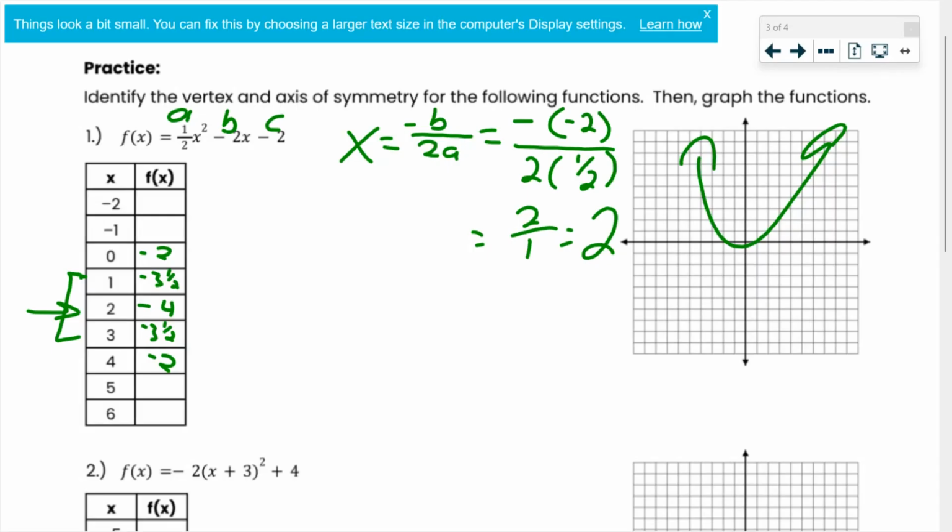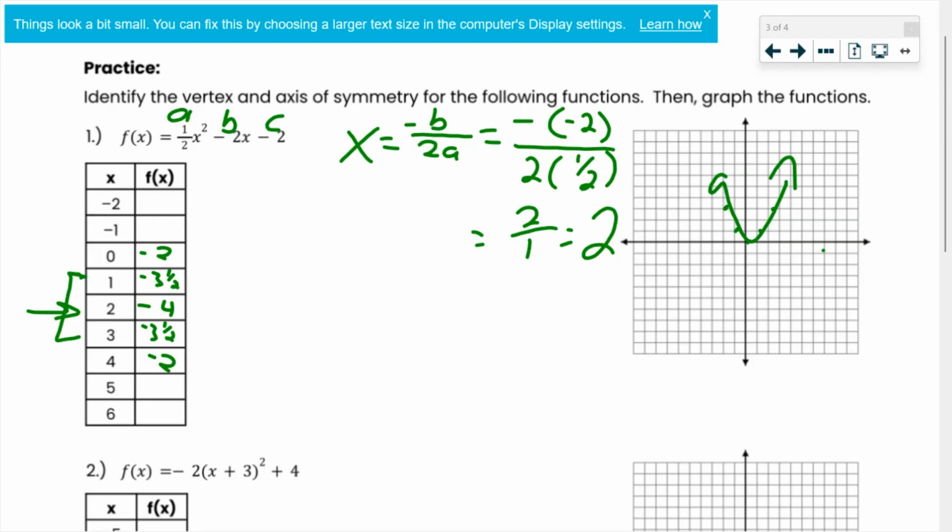No. The parent function for a quadratic equation has points at 0, 0, 1, 1, 2, 4, -1, 1, -2, 4. That's the parent function. You can't just throw a parabola on there that opens up or down. You have to have the actual points.